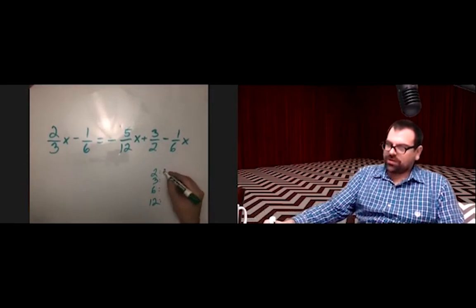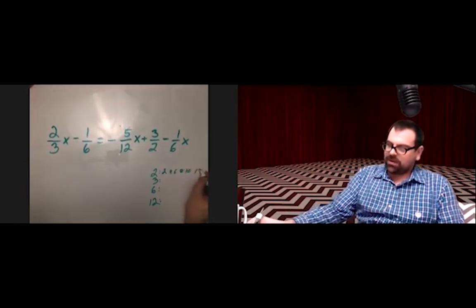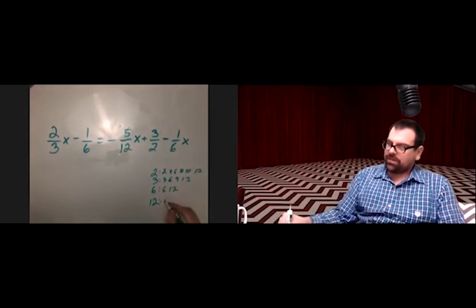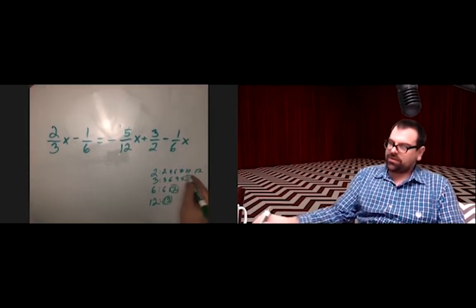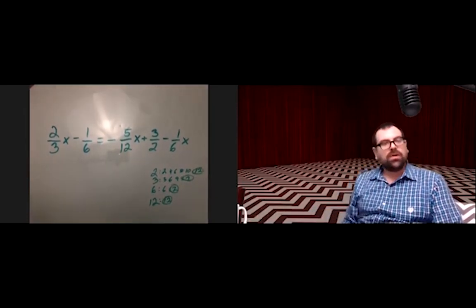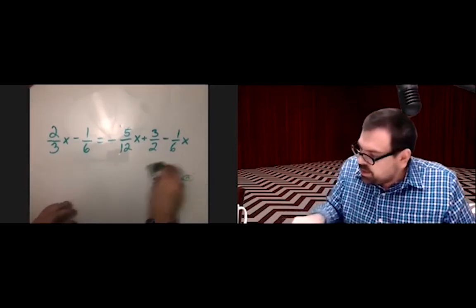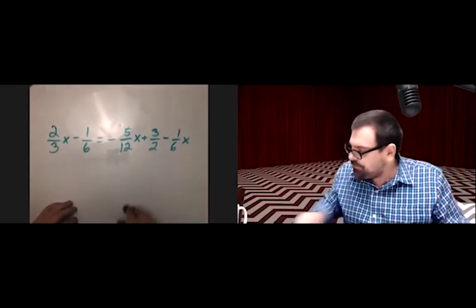It shouldn't be too difficult to figure this out. I'm going to write them out, but you might have been able just to look at it and see that that number is going to be 12. It's the first one to appear in every list of multiples. So we can rewrite all of our fractions in the problem.